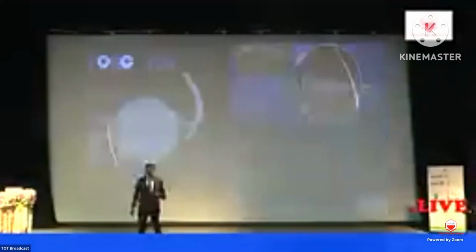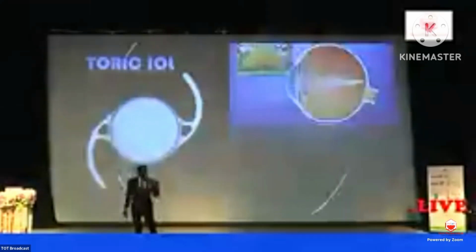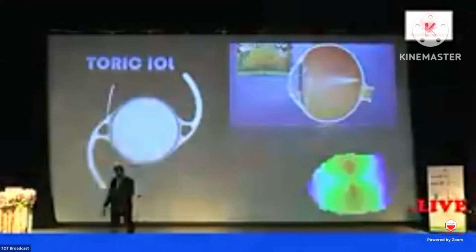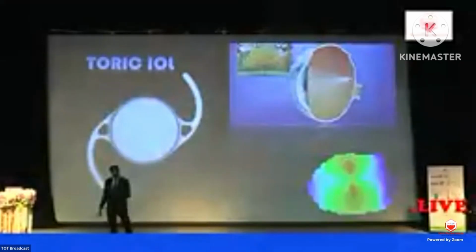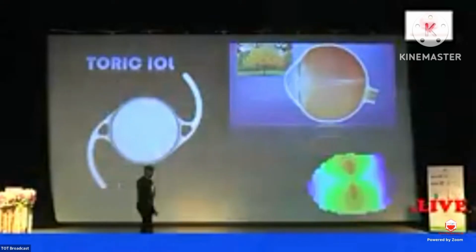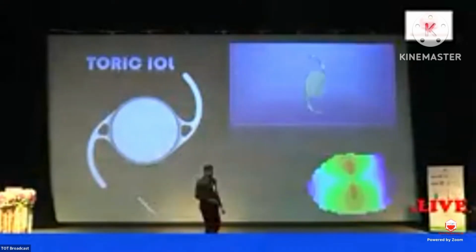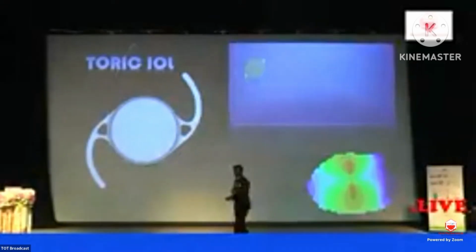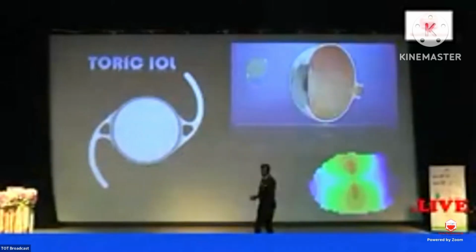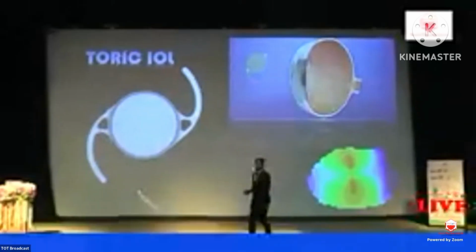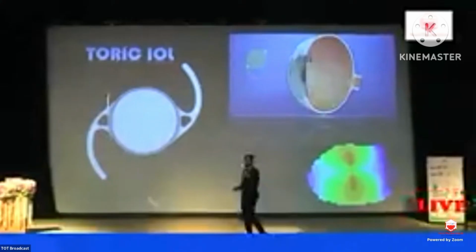Let's say that you have a patient with 3 diopters of astigmatism. For that patient, the ideal treatment during surgery is to be very careful in selecting the biomaterial and also the good axis, so that there will be minimal or no postoperative rotation.